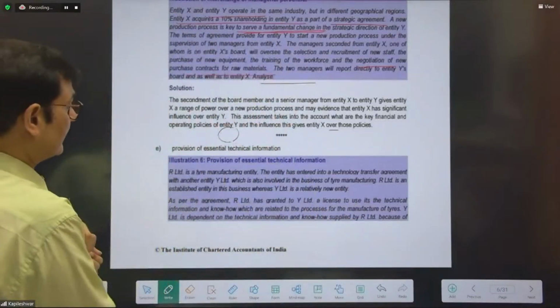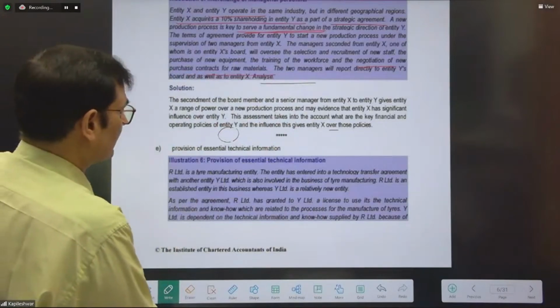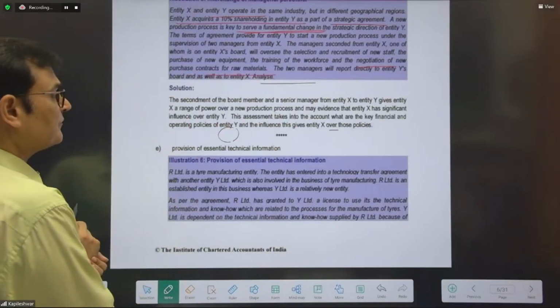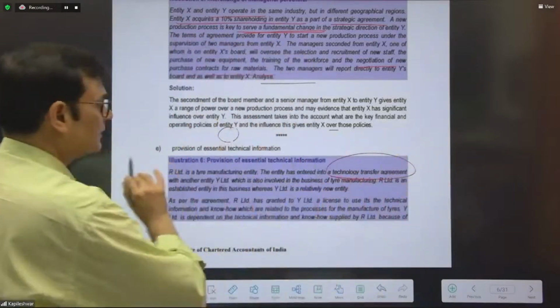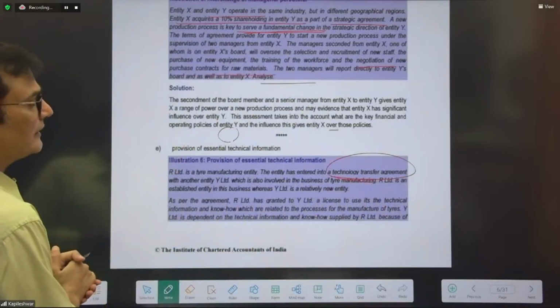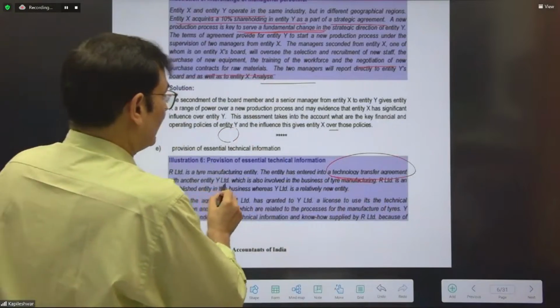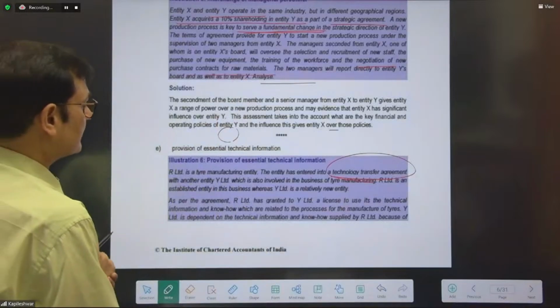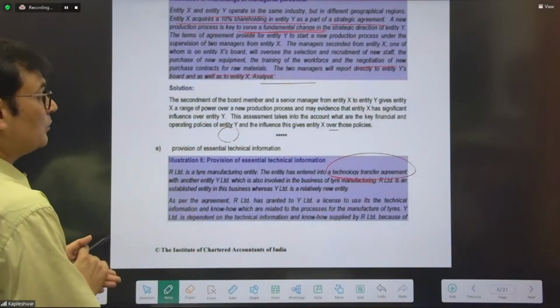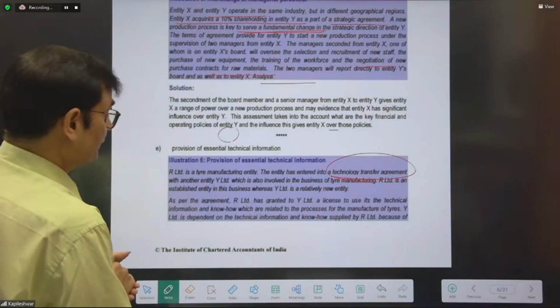Okay, it says in illustration number 6, R is a tire manufacturing entity and they entered into a technology transfer agreement, provision of essential technical information. Y is also involved in the business of tire manufacture. R is an established entity in this business, whereas Y is relatively new.